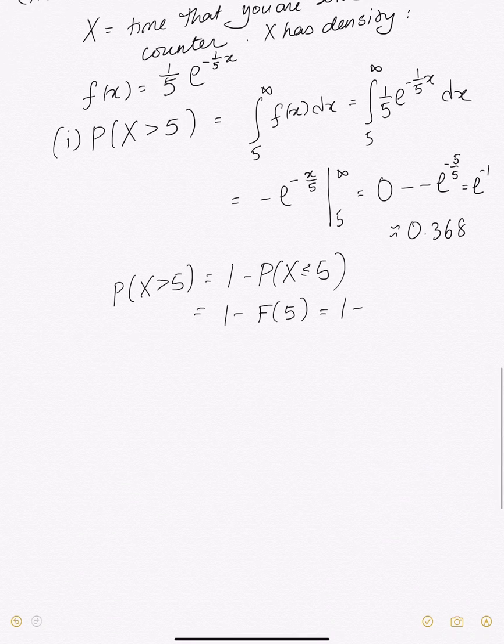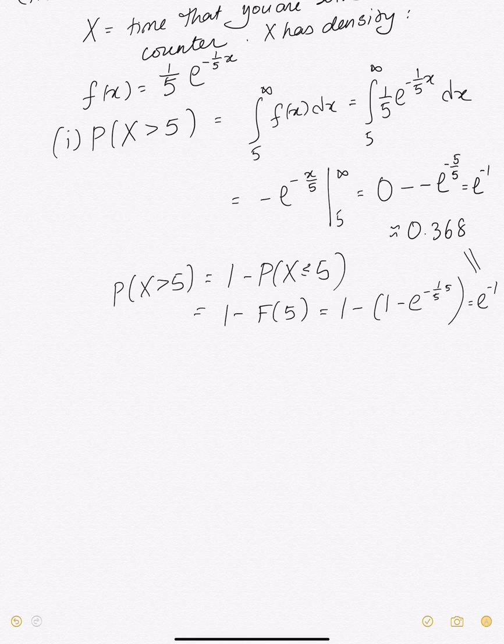So it will be 1 minus, 1 minus e to the minus 1 over 5 x. Over here x is 5. And so that's e to the negative 1. The 1 minus 1 cancels, and that's what you have.